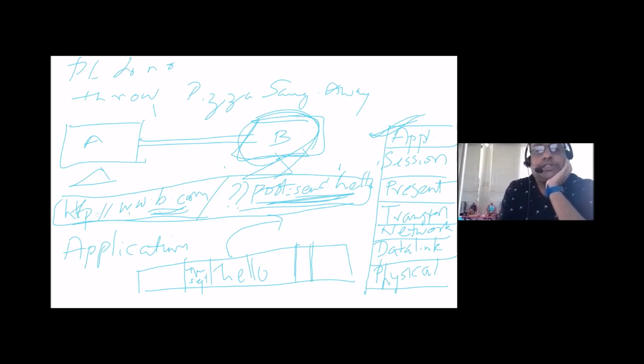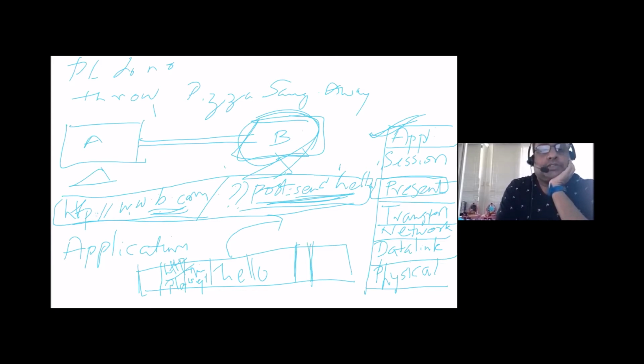Then comes the presentation layer. The presentation layer should say what the protocol is that is being used. It says HTTP. It will say this is not encrypted data. This will be plain data. There is no encryption applied. Then comes the transport layer.